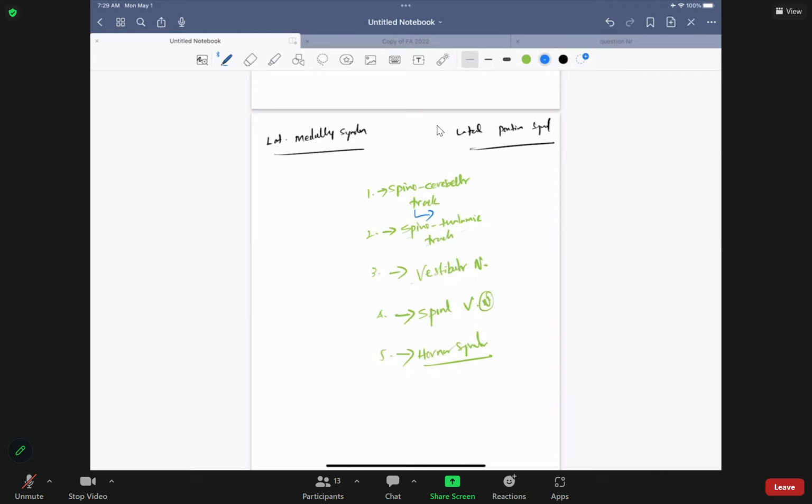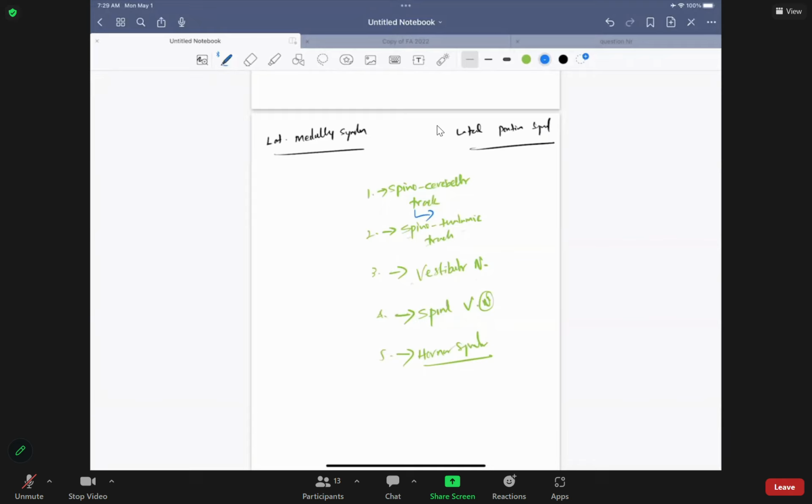Ipsilateral or contralateral? Contralateral. What do you think, Alize? Ipsilateral or contralateral? Ipsilateral. Why is it ipsilateral? No, that's not the answer. It is still ipsilateral.